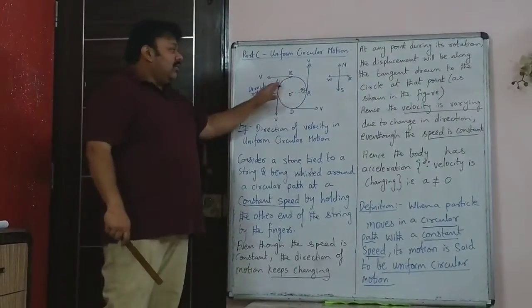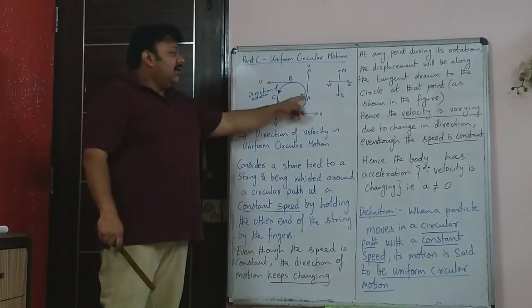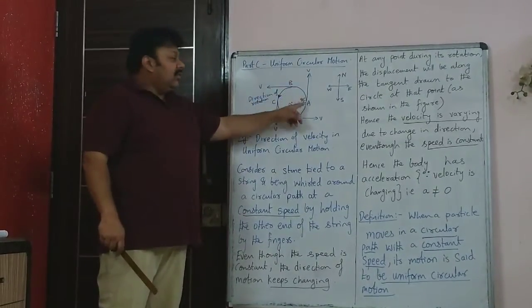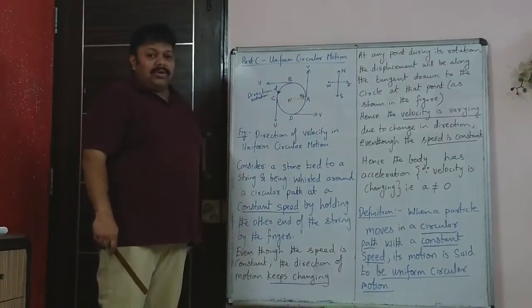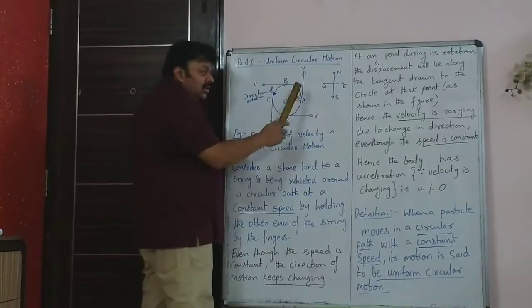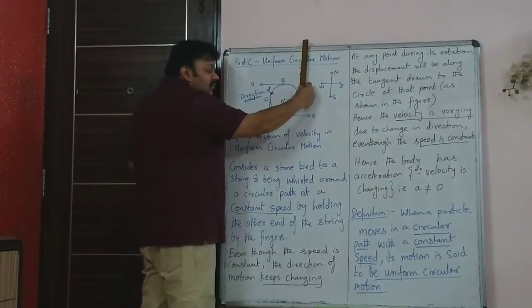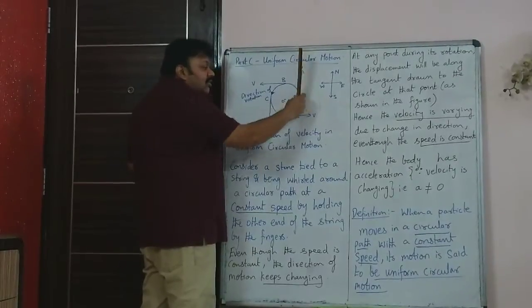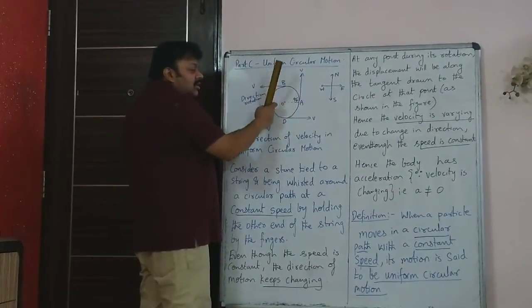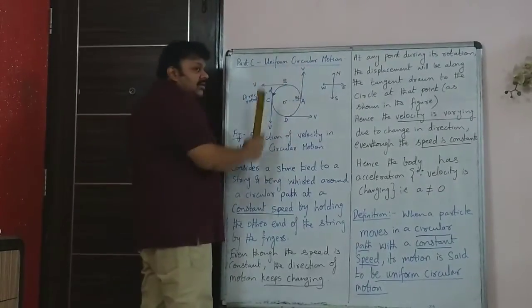At any point during its rotation, the displacement will be along the tangent to the circle at that particular point. Which means if you consider point A, at point A, you draw a tangent in the direction of motion. Why I am drawing it in the upward direction is because the stone is rotating in this direction. So that is why it is in the upward direction.